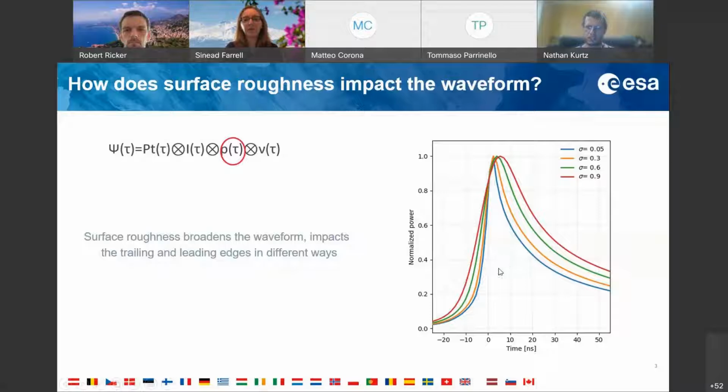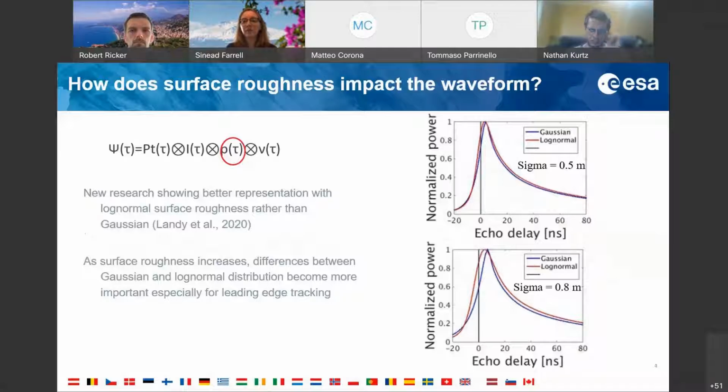What you can see is that the waveform gets broadened, as you'd expect, with the surface roughness. It does impact the trailing edge and the leading edge in different ways. Here you can see the leading edge gets broadened just a bit, and the trailing edge gets broadened significantly more as the roughness increases.